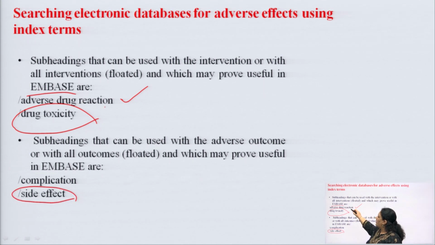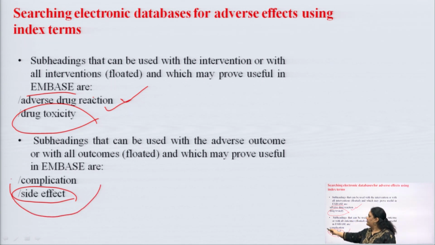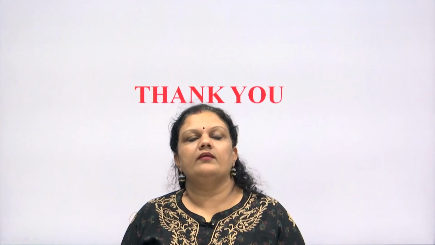That is why above I have written adverse drug reaction along with drug toxicity and its associated complication, along with small, slight side effects which can go away, or the patient may feel better when he or she withdraws or stops that particular drug. So, this is all about today's lecture.